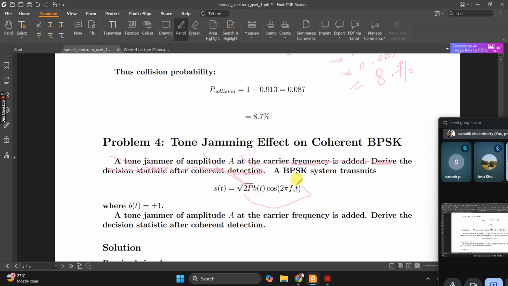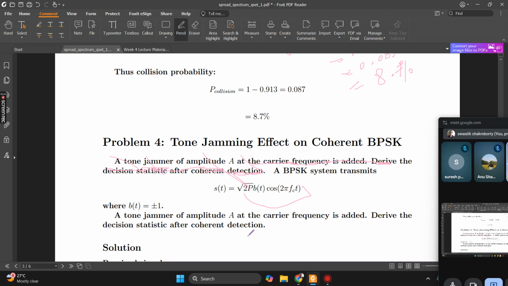A BPSK system transmits this thing where BT equal to plus minus 1. So root 2P BT cos 2 pi fct. Now a tone jammer of amplitude A at the carrier frequency is added. So derive the decision statistics after coherent detection.